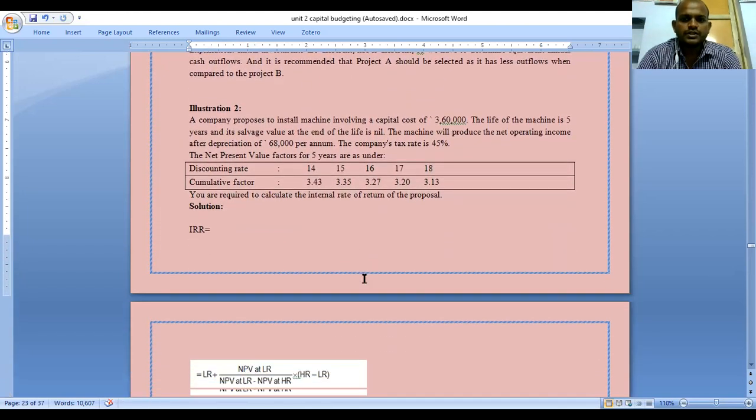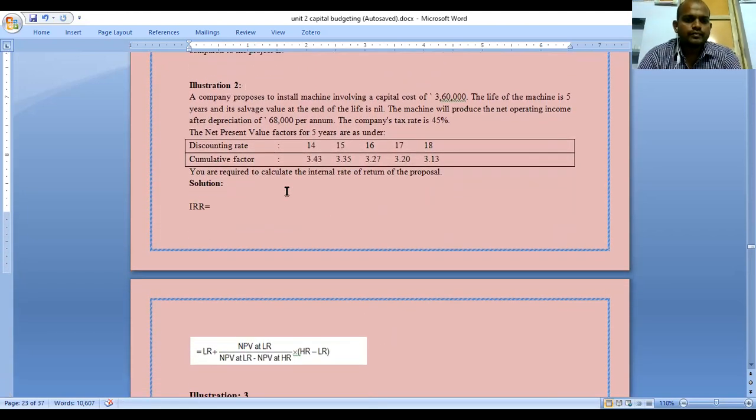So illustration 2. A company proposes to install a mission involving a capital cost of 3,60,000. Life of the mission is 5 years and its salvage value at the end of the life is nil.